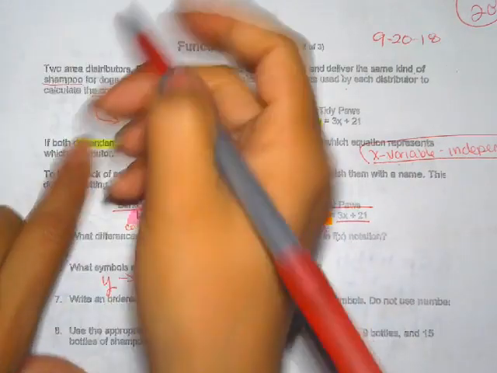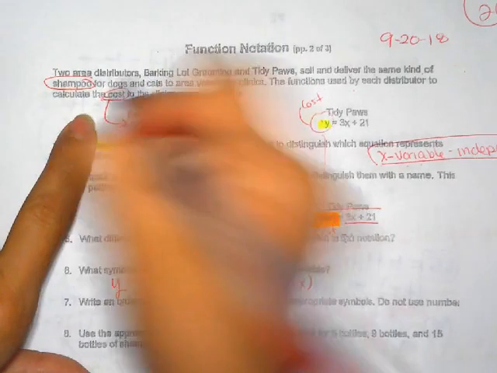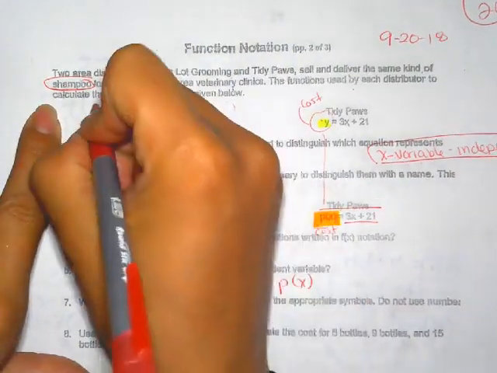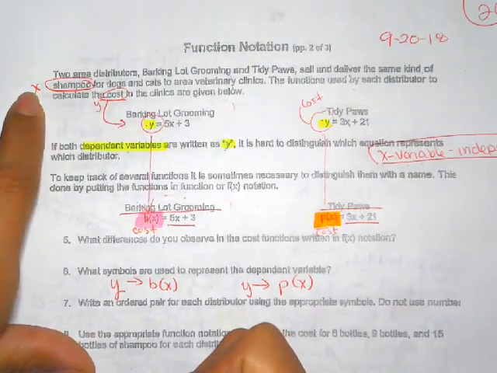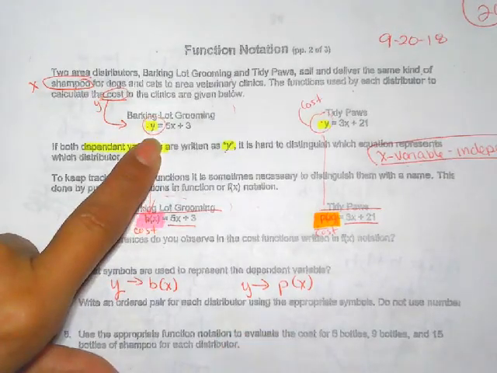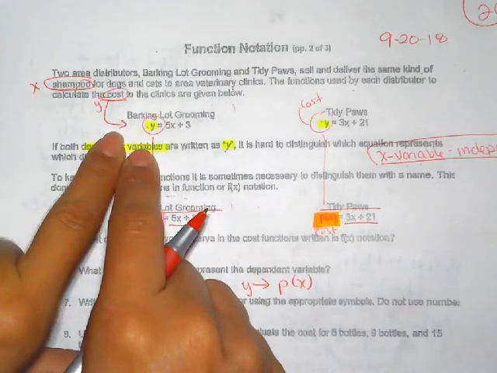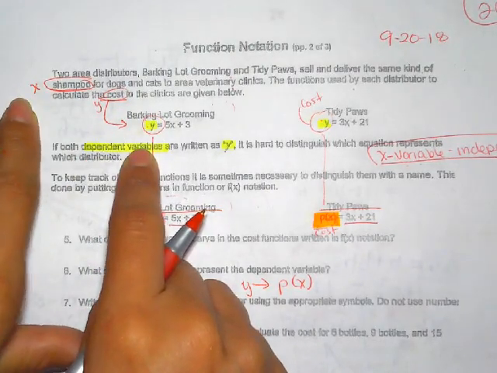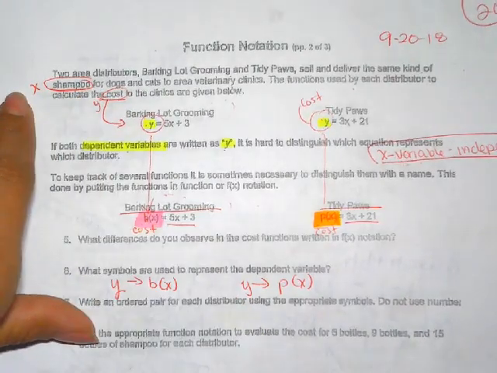So it tells us right here, right? We're trying to figure out the cost for the shampoo. So then this is our y, or our dependent variable. This must be our x. How many shampoo bottles I buy will affect directly how much I pay, right? So the cost is the dependent variable, and it depends on how many shampoo bottles I buy. That's why this one's the dependent, or y, and this one's the independent, the x.